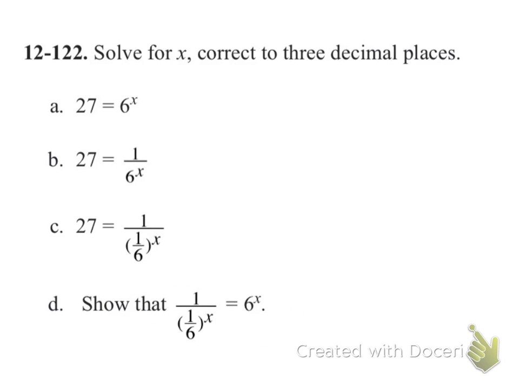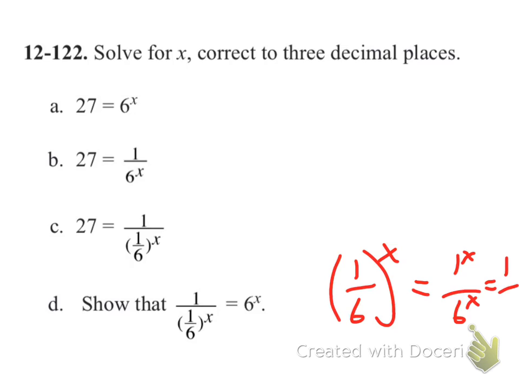So a couple things we could do here. Going more in depth with problem C, I guess, is explaining this part. So if I think of my denominator, 1 over 6 to the x, that is 1 to the x over 6 to the x. That's just the denominator. Well, 1 to the x just equals 1, so this is 1 over 6 to the x.